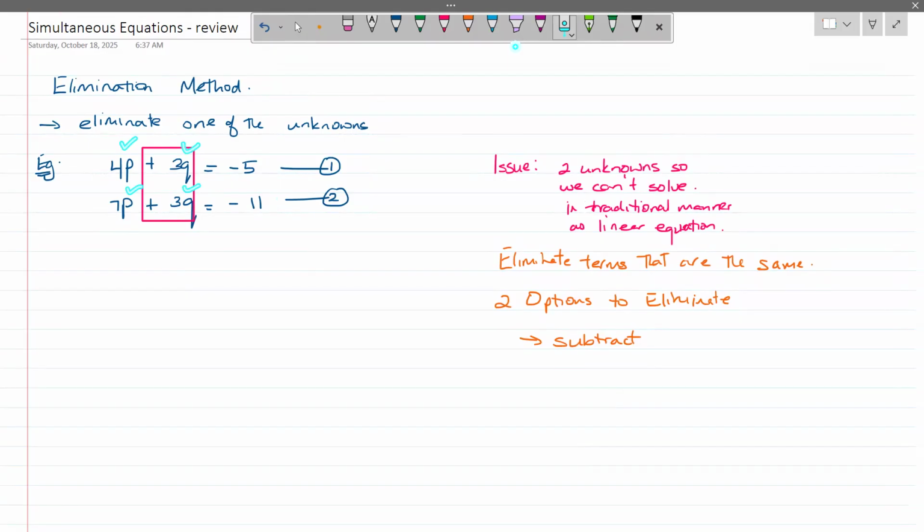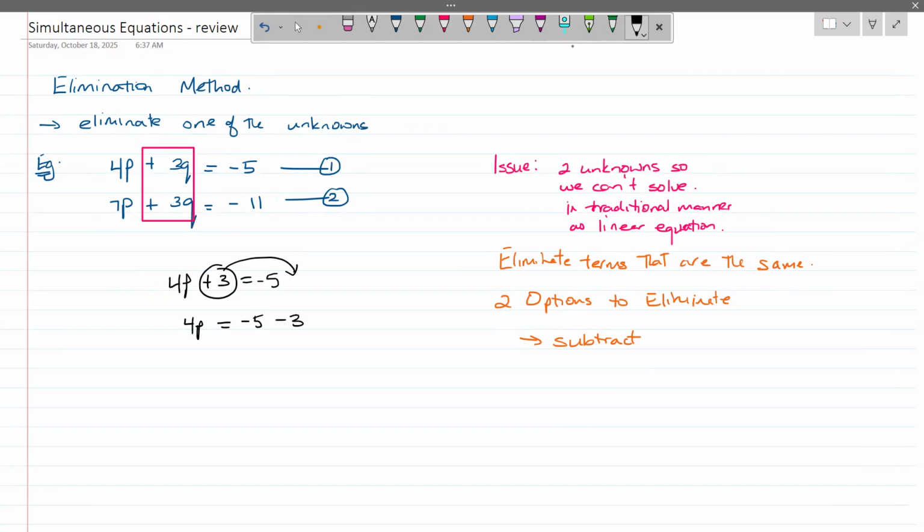So that means that it provides an issue. The issue is that we cannot solve it in a traditional manner, meaning that if, for example, I had 4p plus 3 is equal to 5, then we would simply, let's leave this as minus 5, we'd simply carry this 3 over the equal sign.